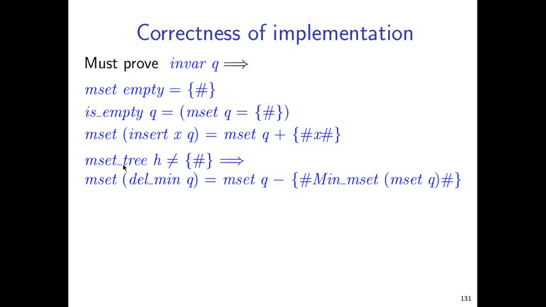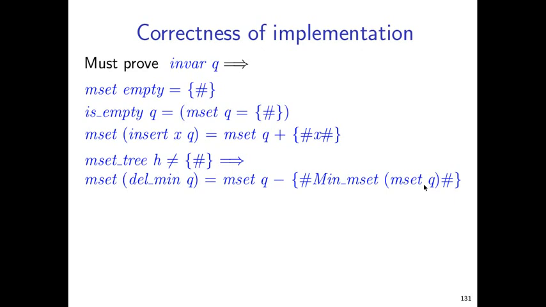So it should be MZQ not empty, and under this precondition, if I delete the minimum element and abstract from it, so I delete and then abstract, then I get the multiset of the original queue minus the minimum element of the multiset of the original queue.